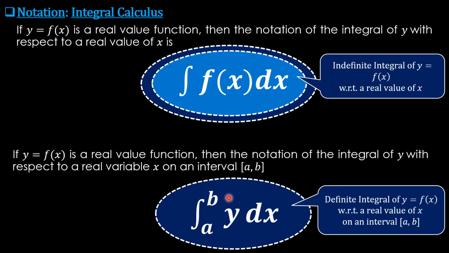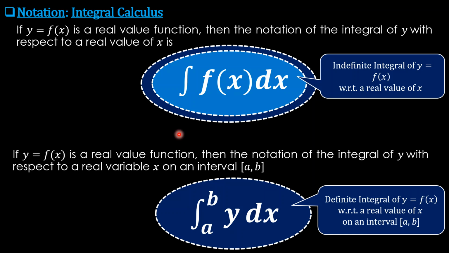This is the interval. So we are integrating y with respect to x on an interval a to b, starting from a up to b. So definite integral of y equal to f(x) with respect to a real value of x on an interval a b.